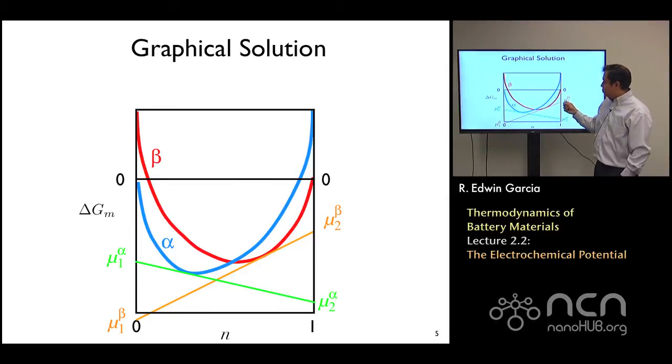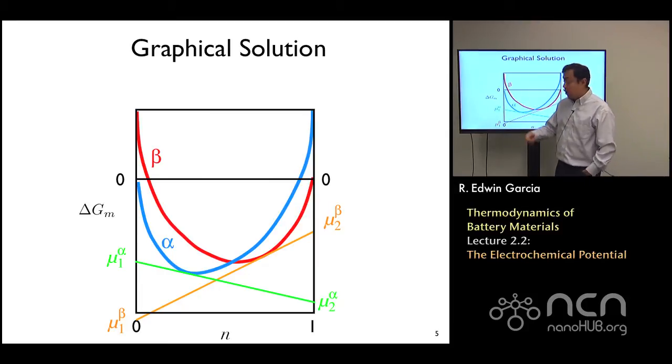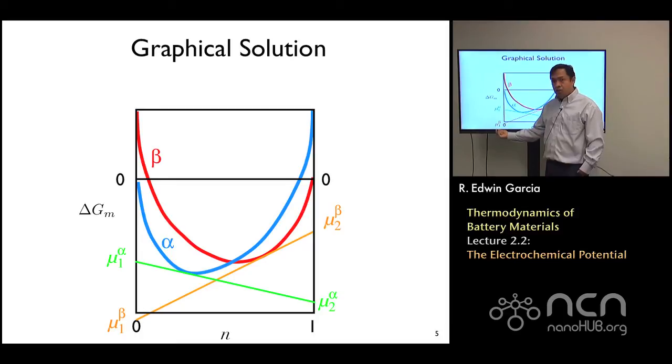In the absence of electrical charge that the system may have, equilibrium is specified when the chemical potential of component 2 for beta equals the chemical potential of component 2 for alpha, or, if you prefer, at the same time, the chemical potential of component 1 of beta equals the chemical potential of component 1 of alpha.